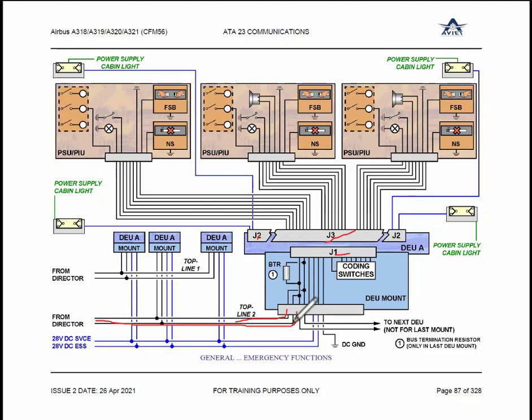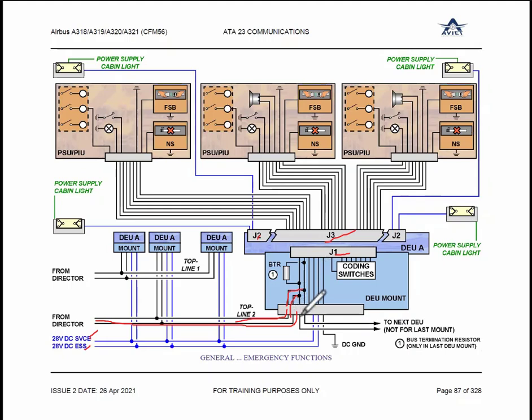If you see the connection here, this is how the communication connection is coming from the director. These are the power supply connections, 28-volt DC service and essential. That is controlled through the power control logic, the top line cutoff relay logic to the DUA. Now, these communication cables are going in such a way. Can you see here?